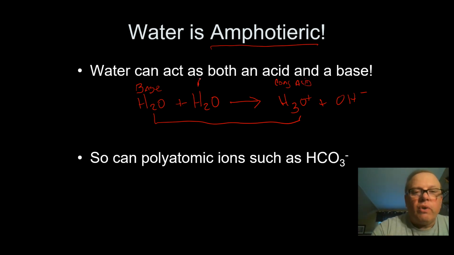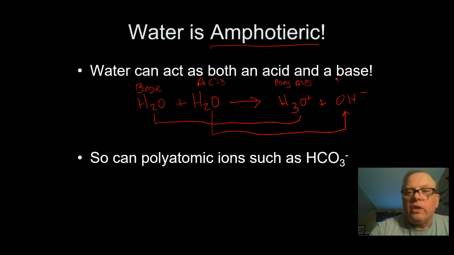This water, therefore, had to have been the acid. And now that it has lost a hydrogen, this here is now the conjugate base. And that's how we'll label these things up. Water is like that. It can be both an acid or a base. It can gain or it can lose a hydrogen. And when you're like this, you simply want to label the base and the conjugate acid together.